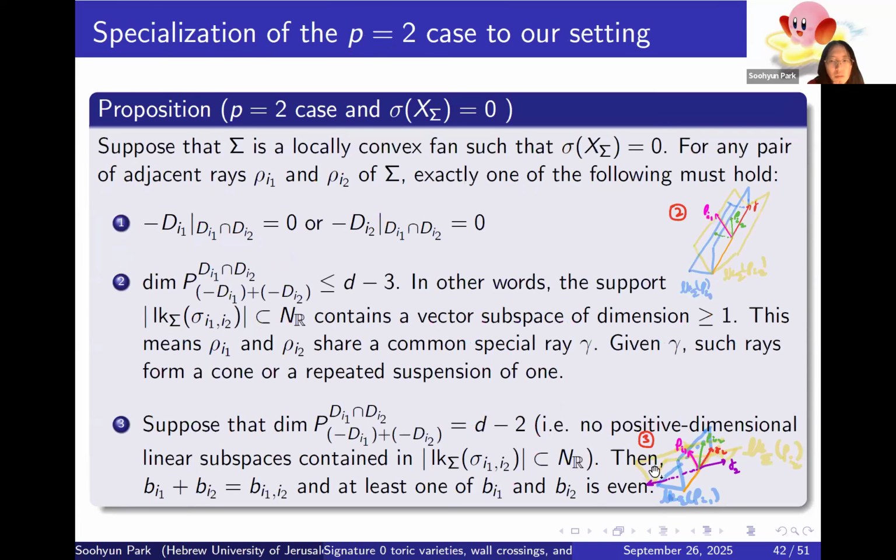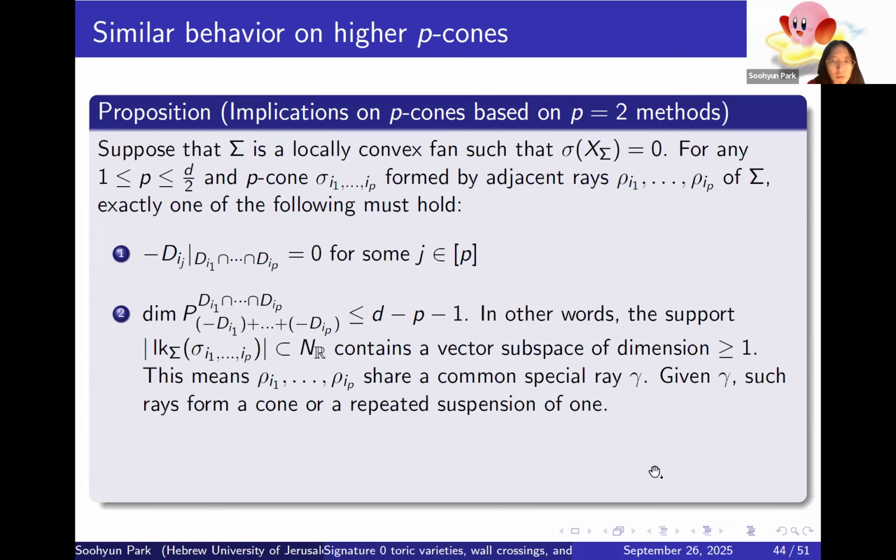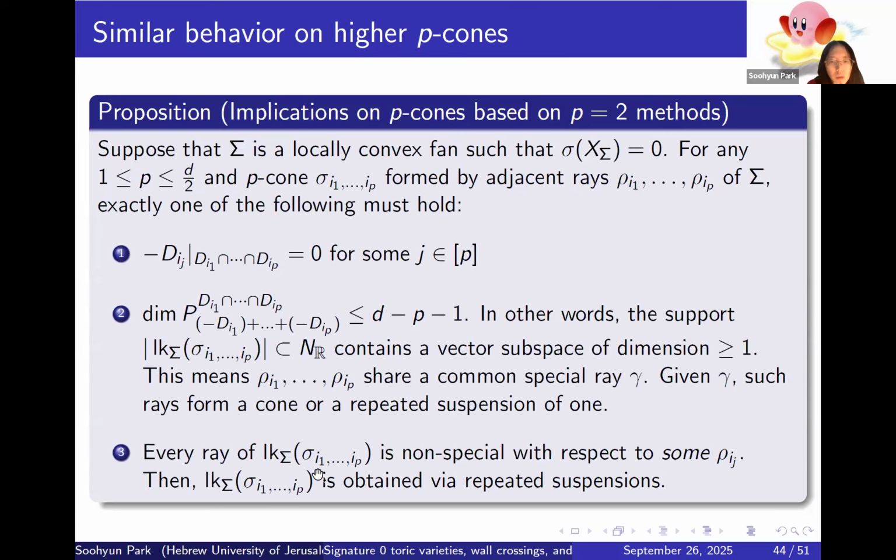Aside from the parity conditions that need to be satisfied, which we did not list, the fact that every single array here is non-special with respect to some rho ij means that you're forced to have a bunch of repeated suspensions, because the set of possible non-special arrays associated to a particular starting ray is formed by a bunch of repeated suspensions.